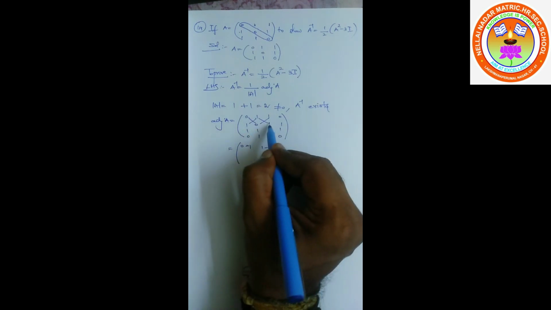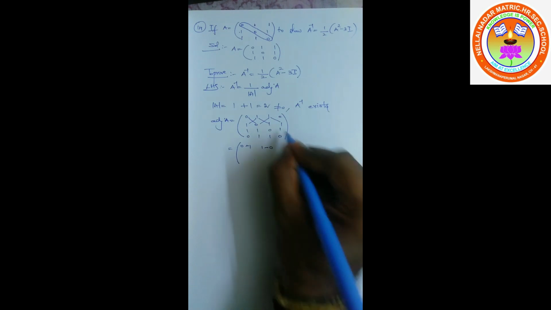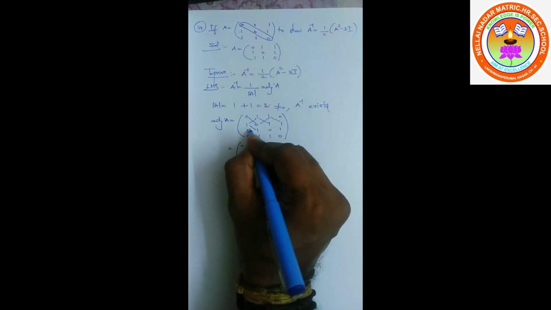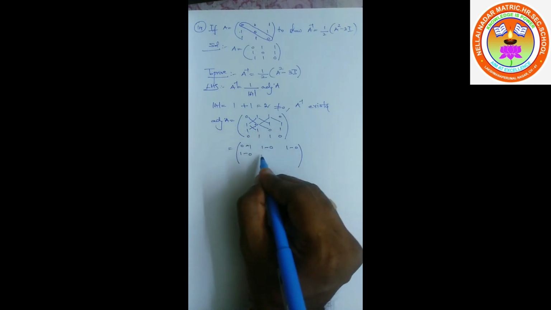Listen once again, 0 into 0 is 0, minus 1 into 1 is 1. 1 into 1, 1, always minus, 0 into 1 is 0. 1 into 1, 1, always minus, 1 into 0 is 0. 1 into 1 is 1, always minus, 1 into 0 is 0.